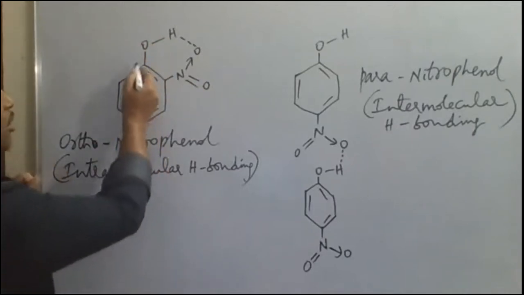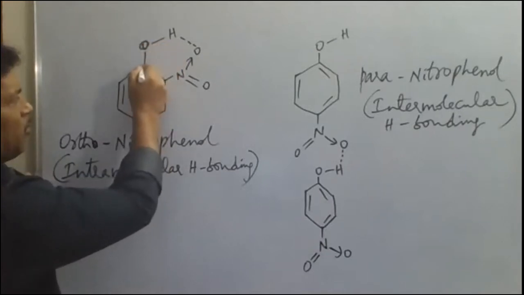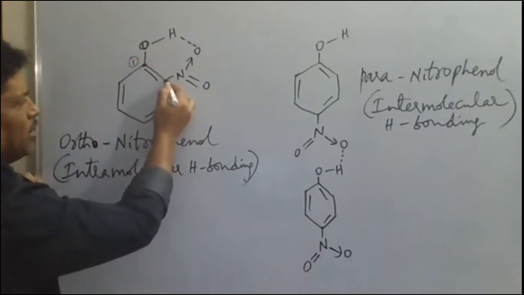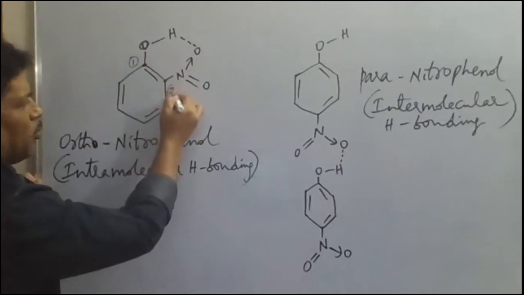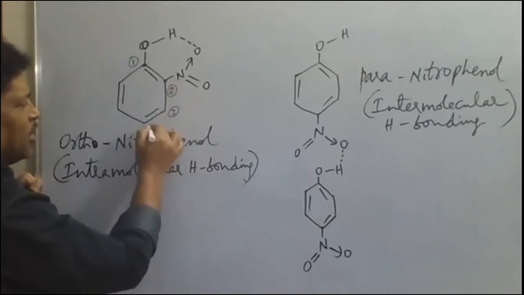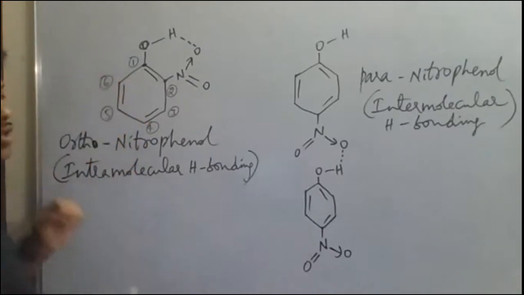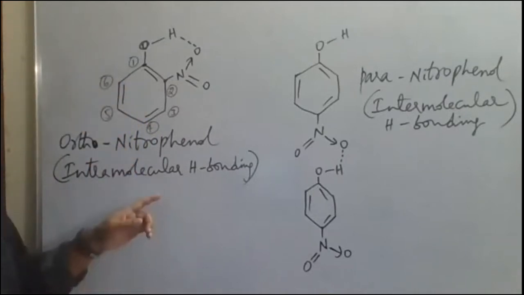So wherever OH is attached, that carbon is given the first position, and wherever NO2 is attached, it is given the second carbon position. Then the third, fourth, fifth and sixth carbons, so six carbon atoms in the benzene ring.